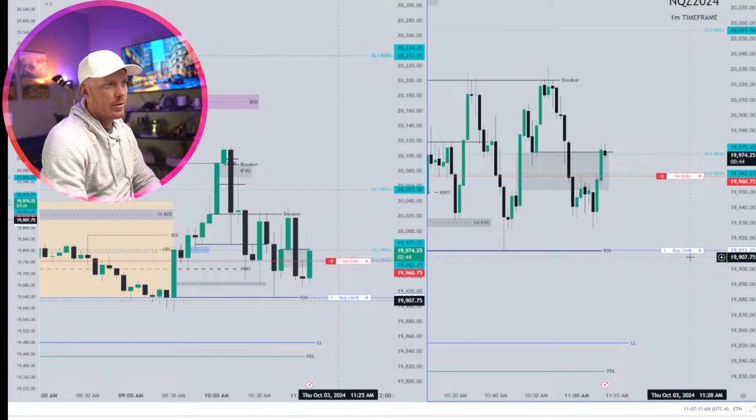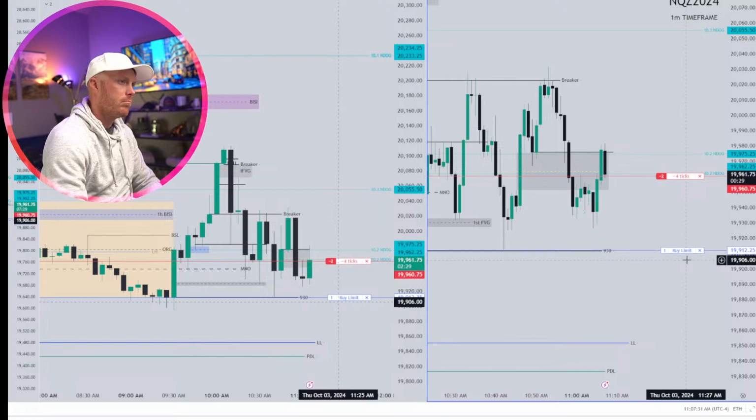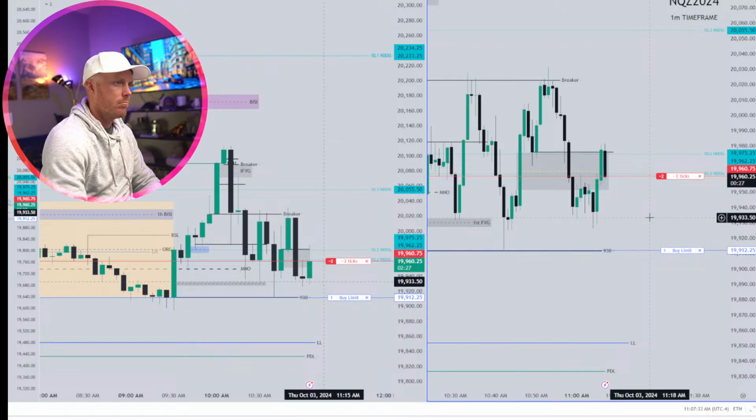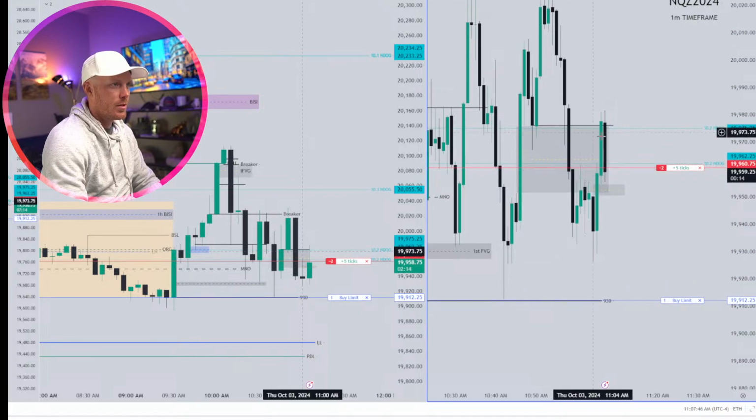I'm going to add one position there. Small inversion fair value gap right here. Want to see that inversed?